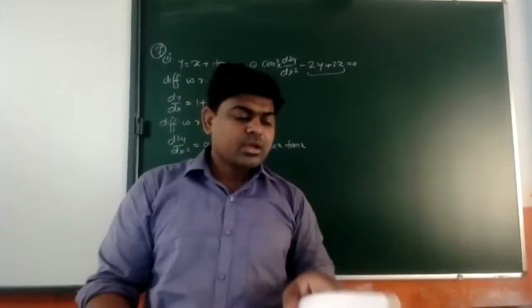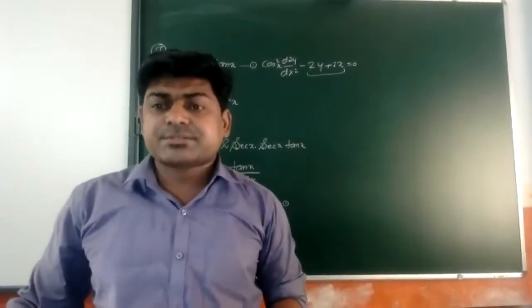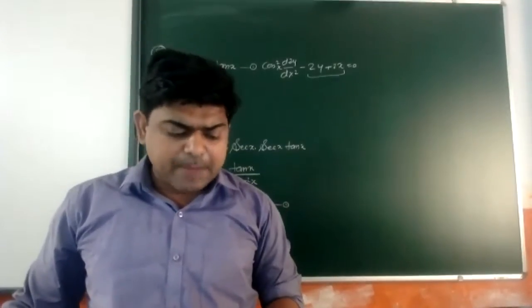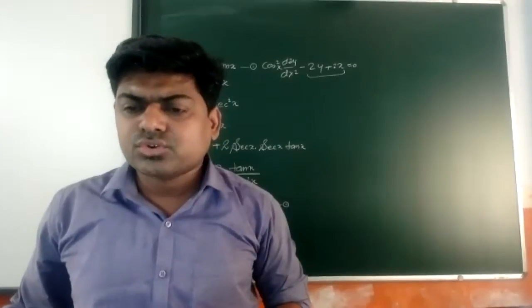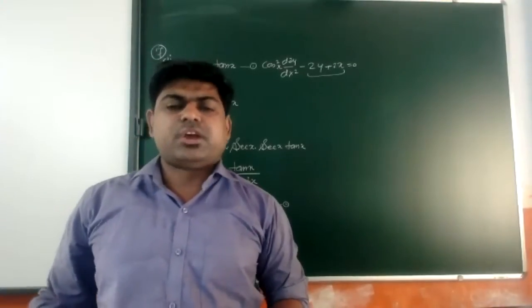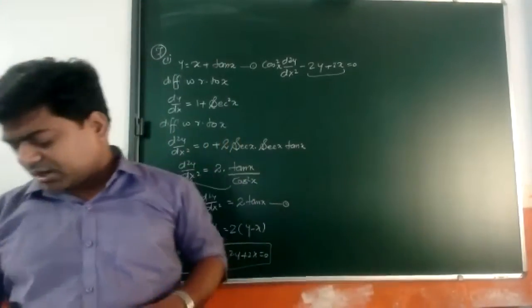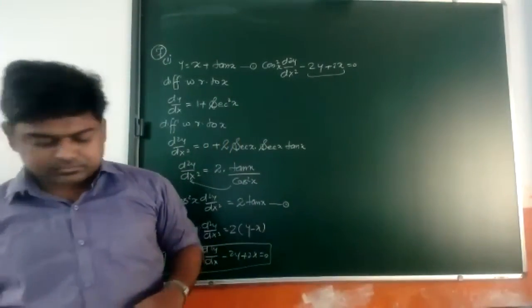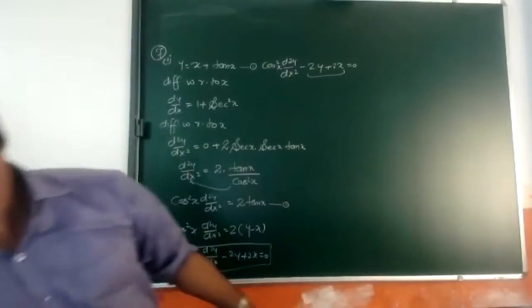Question number 8, first part, has given y is equal to sec x minus tan x, and we have to prove that cos x d2y by dx square is equal to y square. This one we have to prove. So I'm just starting with this question.